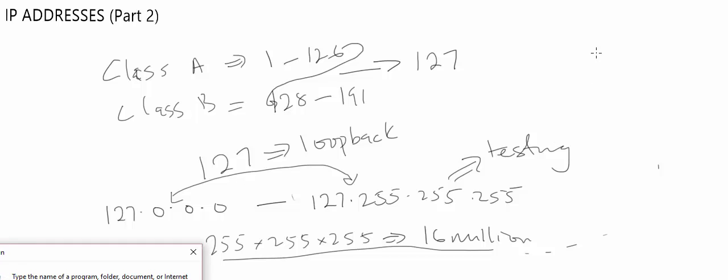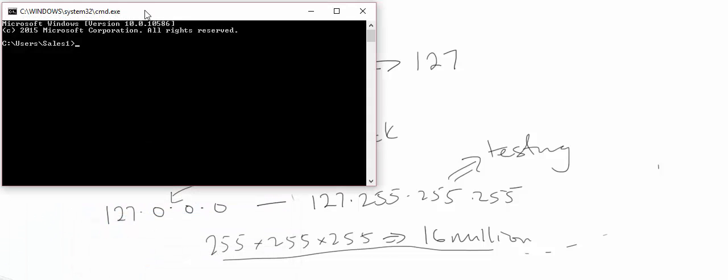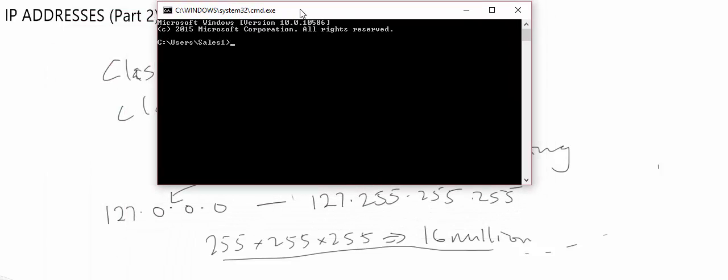If you go to any network device on your network right now, and you go to your command prompt, and you test. The funny thing is, of the 16 million addresses that they left for just testing, people end up using only one of them: 127.0.0.1.